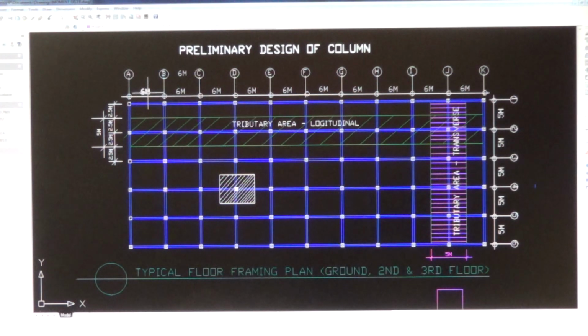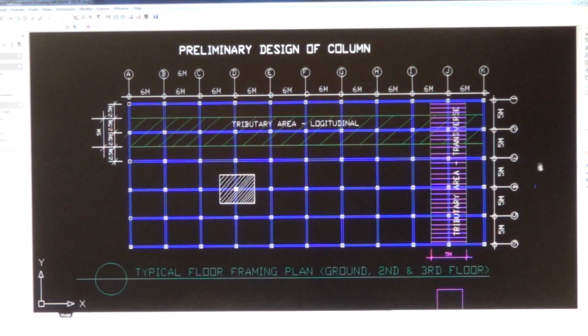They have the same spans of beam, 6 meters each along the longitudinal direction, and for the transverse direction it has a 5-meter span of beam. To design the column, you need to locate the tributary area, and you have to make sure that the tributary area has the maximum area.